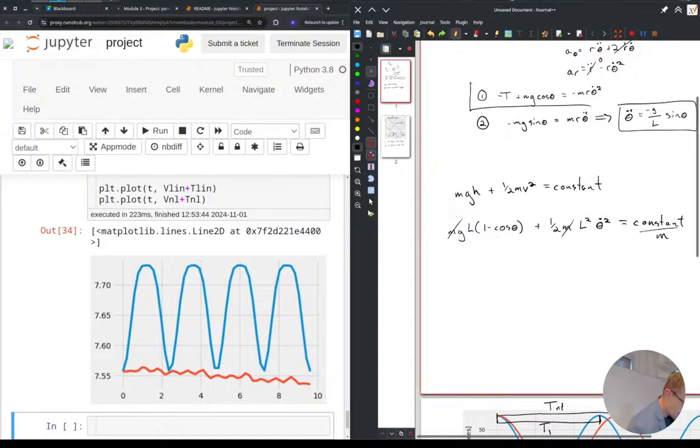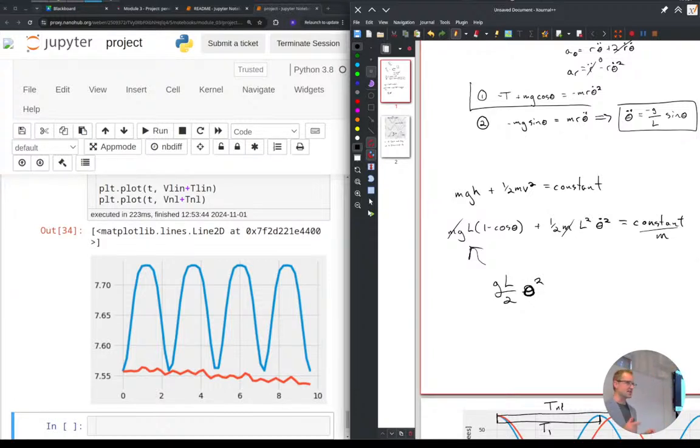Because really, this term should be GL over 2 theta squared instead of a cosine theta like that, because we're making a linear approximation.